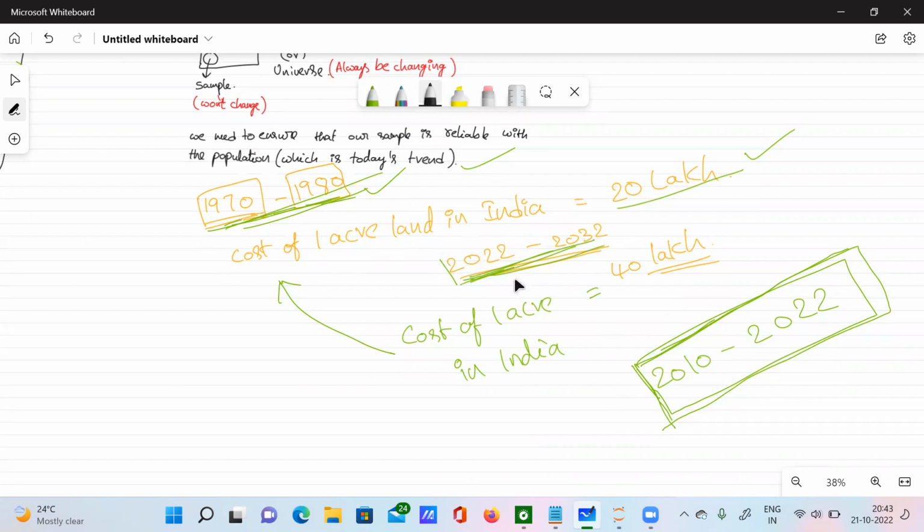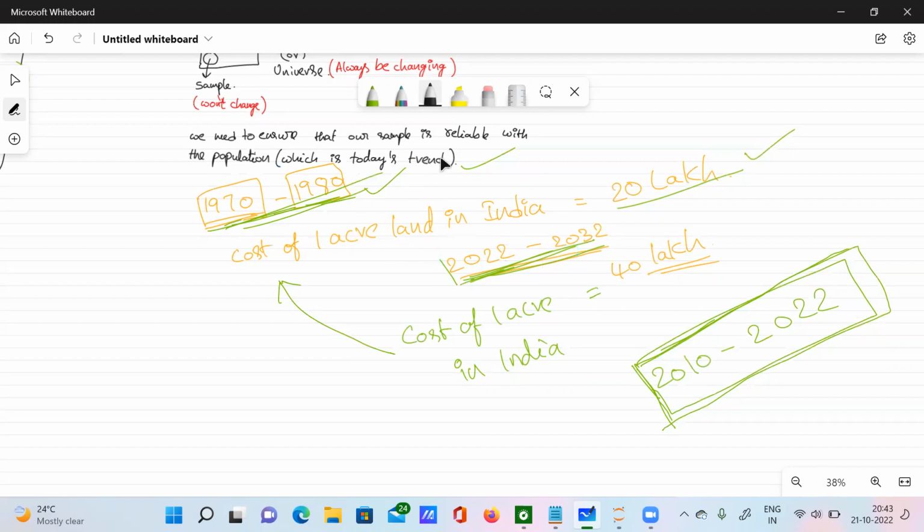We are predicting the price of land in India for the coming years, 2022 to 2032, which would be absolutely wrong. Why? Because this data has become outdated. So there is no sync with today's trend.